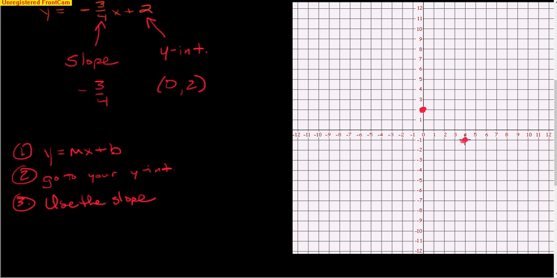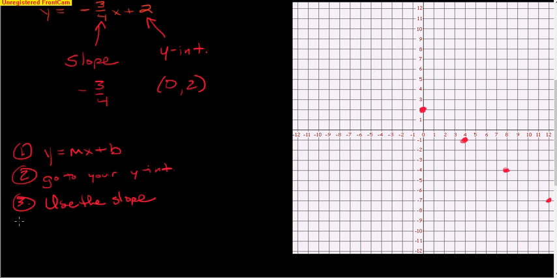Do it again. Start at this dot you just put, down 3, right 4. Put a dot. Do it again. Down 3, right 4. Okay, we're in 8th grade. All we have to do is count up or down and count right or left.